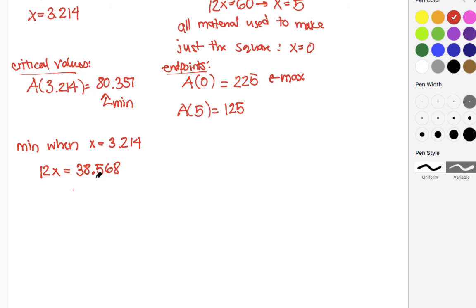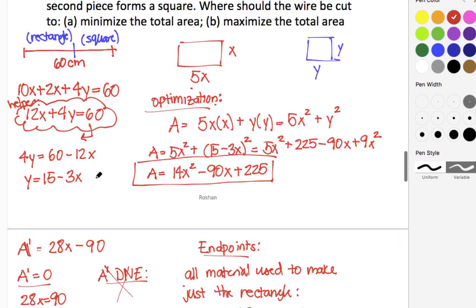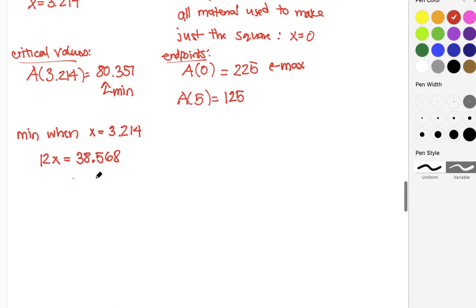So it would be 38.568, what are my units here, centimeters. So 38.568 centimeters for the rectangle, and the rest will be used for the square.